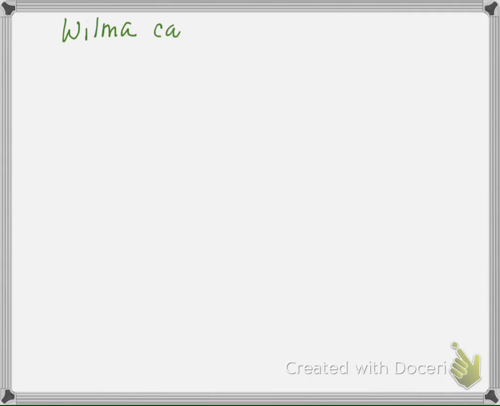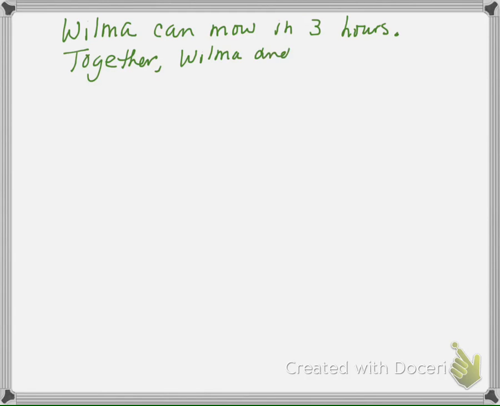So Wilma can mow the lawn in 3 hours by herself. Together, Wilma and Fred mow the lawn in 2 hours.